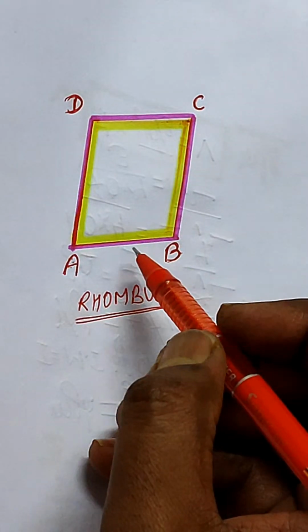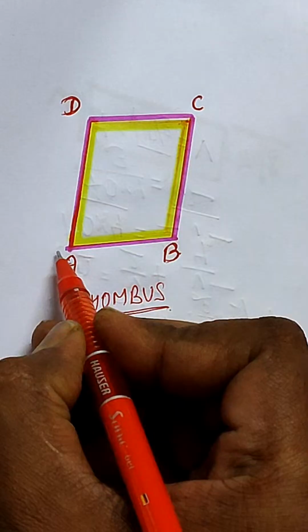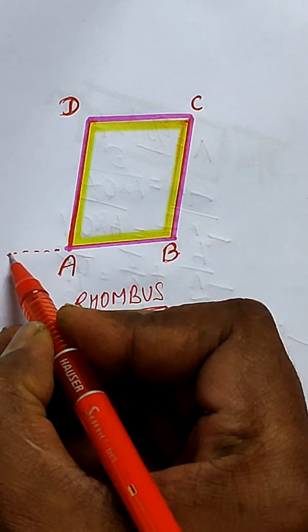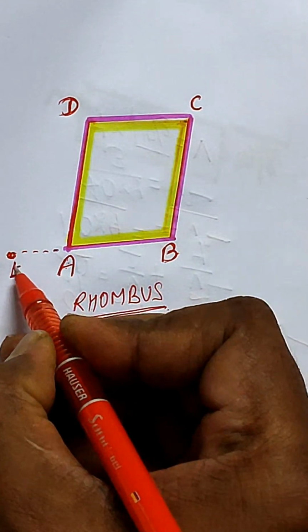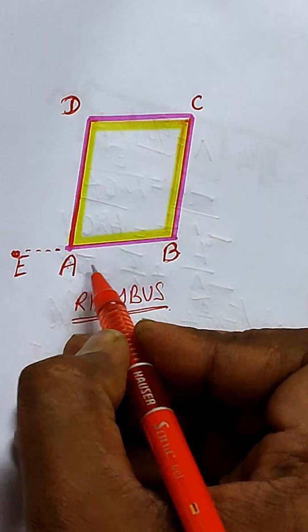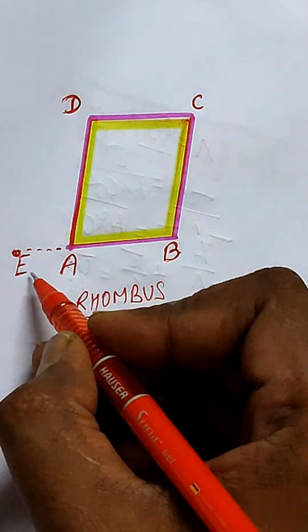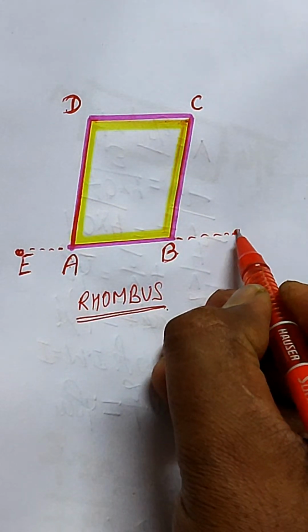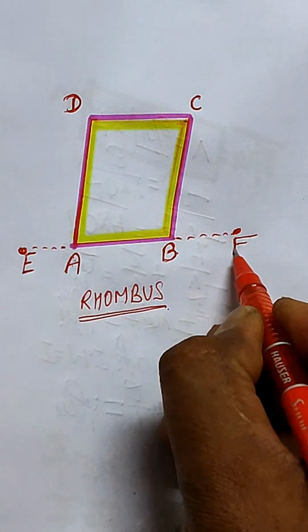So here in this question, ABCD is a rhombus and AB is produced to E. So you need to extend this line till a point, let's say here, and this point is E, right? And this is also extended in the other direction, that is E on the left and F here, okay, F, right?